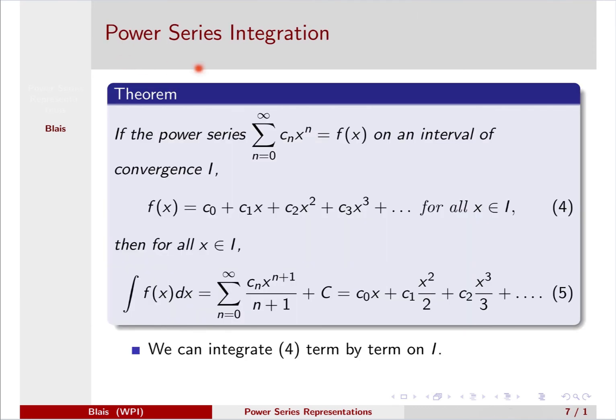We can also consider going in the other direction. So the same scenario, we have our power series, and it's a power series representation of f of x on an interval of convergence I. We can take antiderivatives of both sides. So we can have the antiderivative of f of x is the term-by-term antiderivative of the series plus our arbitrary constant c.